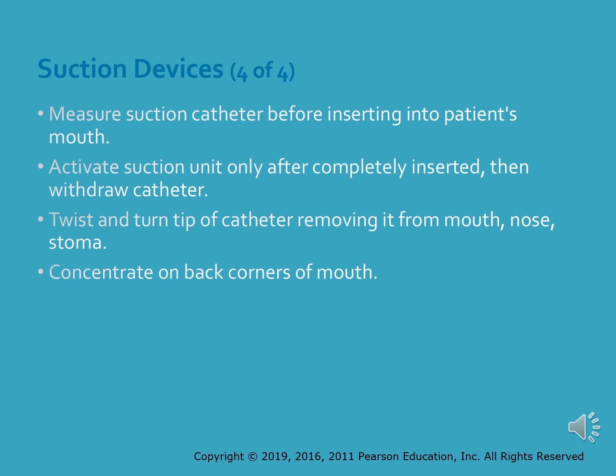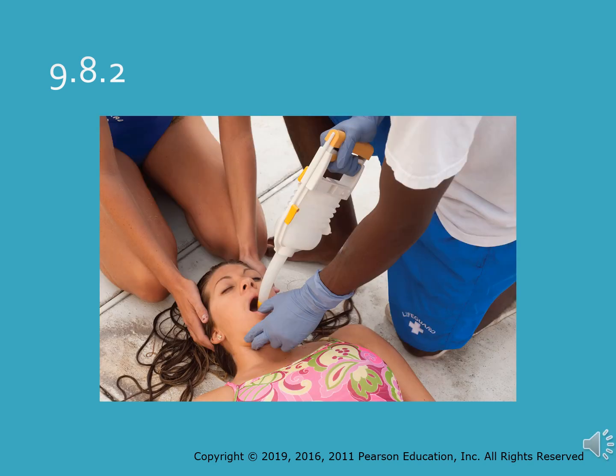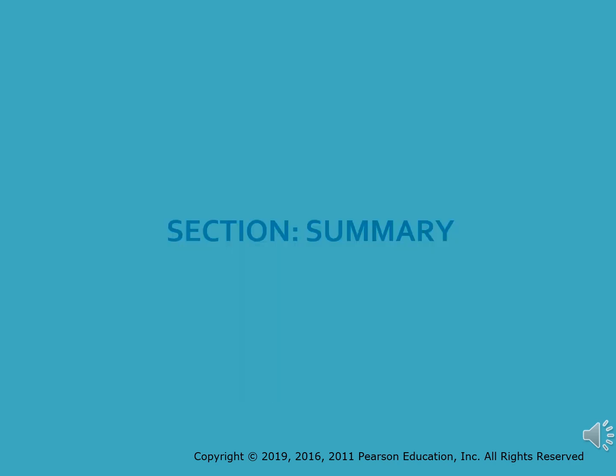Do not place the tip directly over the back of the tongue because this will likely stimulate the gag reflex. Check the function of the suction unit prior to using it. For oral suction, insert the tip of the device only as far as you can see, and then initiate suctioning. In this next section, we'll do a quick summary.